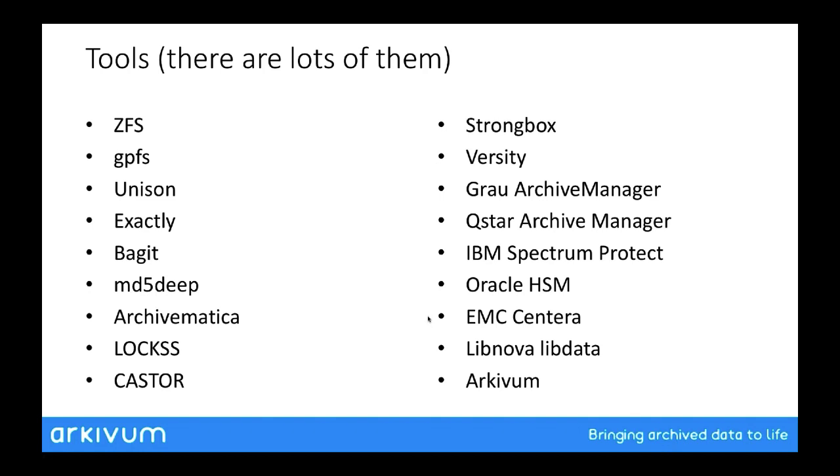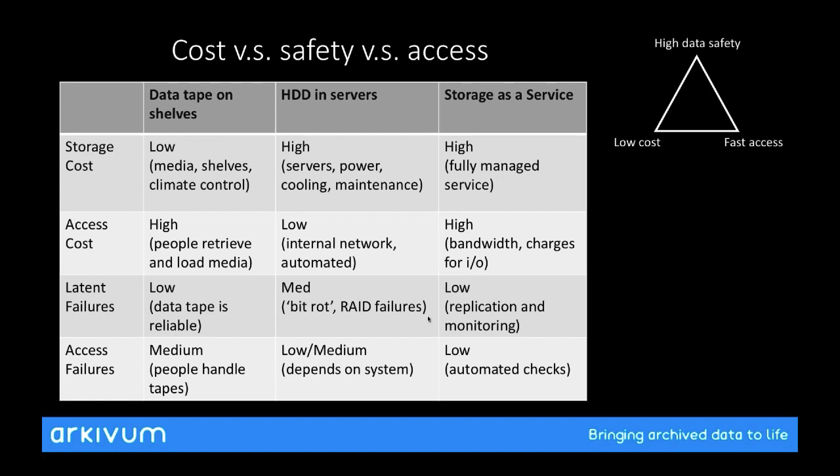So there's lots of choices, but in the end, it comes back to this trade-off between cost and safety and ease of access. So it's back to this triangle, and there's no solution that gives the right balance. And given the diversity of research data types and the different drivers for keeping it, it's likely that you may need more than one solution.